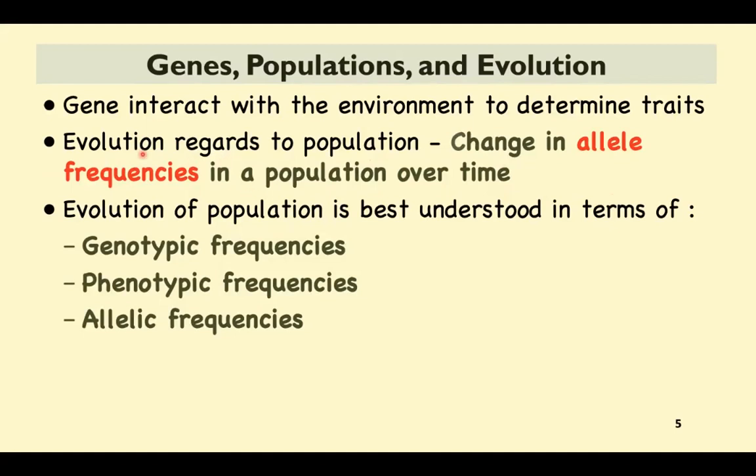If that happens, then that is not called evolution. Okay, so evolution is best understood in terms of ada tiga main points that you have to remember. Genotypic frequency, phenotypic frequency, and lastly is the allelic frequency. Okay, ni yang whenever you kata evolution occurs, dia berkait rapat.